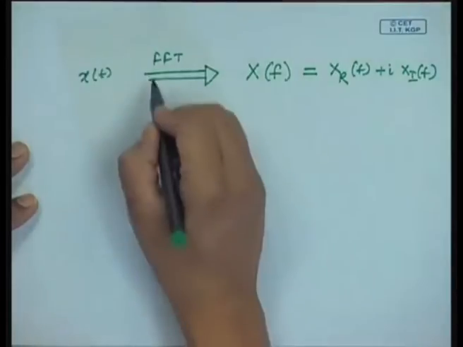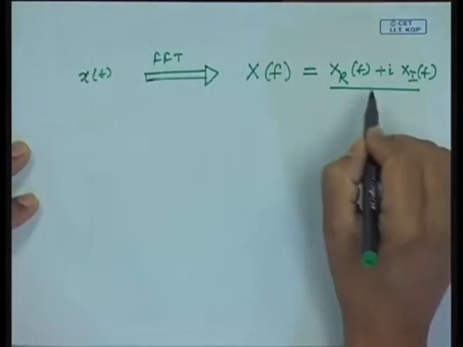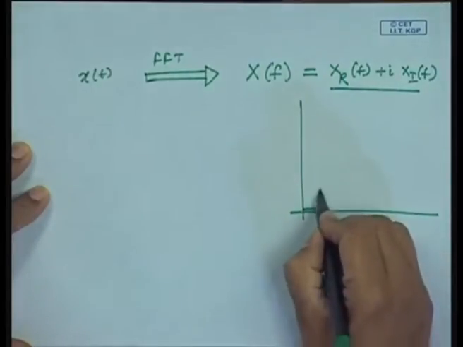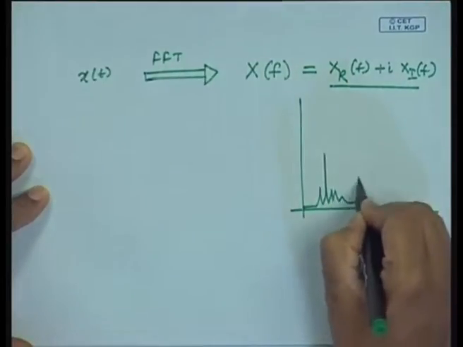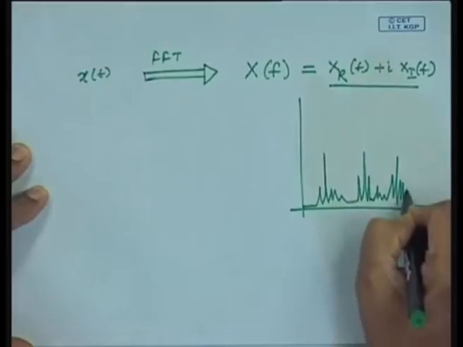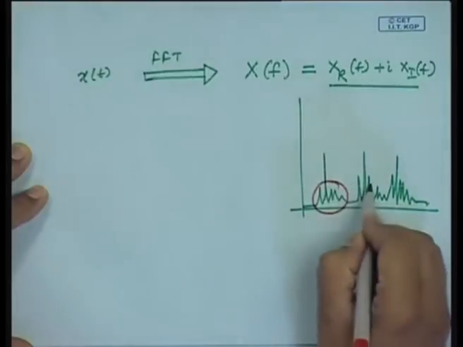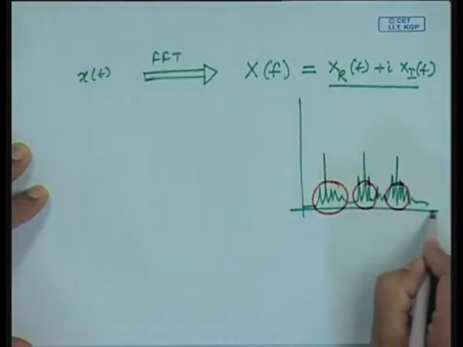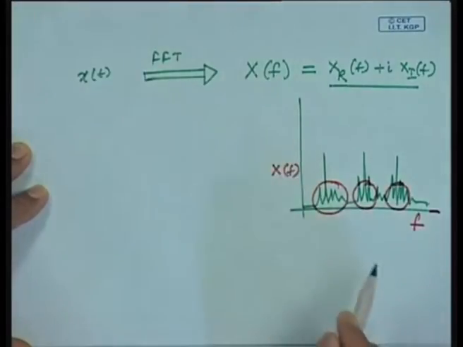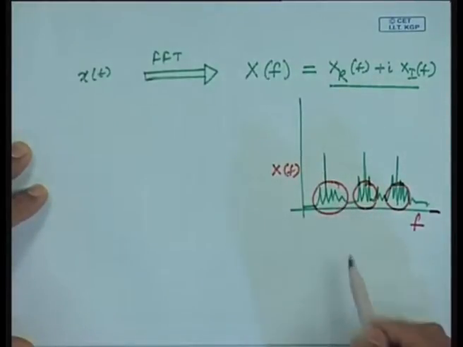Now, if this frequency signal has, for the sake of argument, a lot of sidebands around a particular frequency, and on top of it there will be noise, this becomes very difficult to understand, as you will see in an example I will show you.